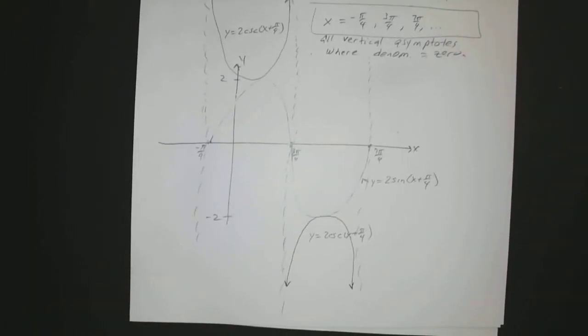Okay, so the first thing you want to do is graph sine, and then wherever you graph sine, you flip it. And you do the same thing for secant. First thing you do is you graph cosine, then as soon as you graph cosine, you flip it.